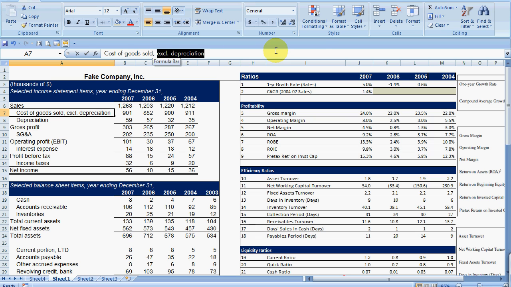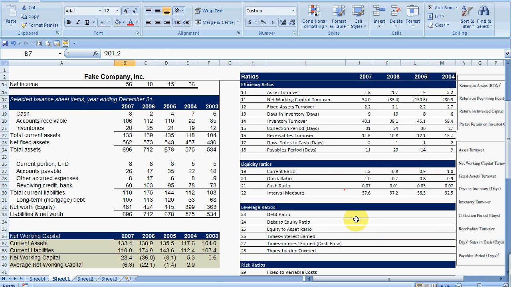Sometimes it's wrapped up inside cost of goods sold, so you would have to go into the balance sheet and look for another account called accumulated depreciation, subtract one year from the other to find out how much depreciation there was in one year, and then subtract that from cost of goods sold. That's just a really complicated way of saying that you don't need to worry about that in this case, and we'll look at that in the next ratios.